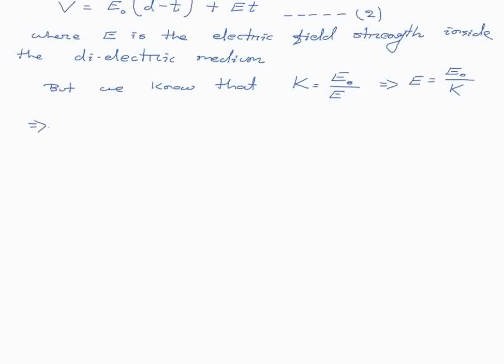This implies V is equal to E naught into d minus t plus E naught divided by K into t.